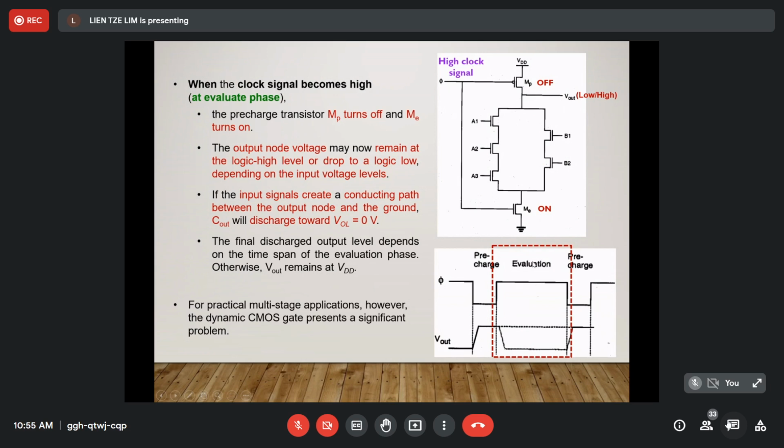So according to the diagram here, when the clock signal is high at the evaluation phase, the V out here will reduce to 0 or it will still maintain high, depending on the input voltage to the transistor. So this is the meaning of the diagram here. So now I go to the next one.